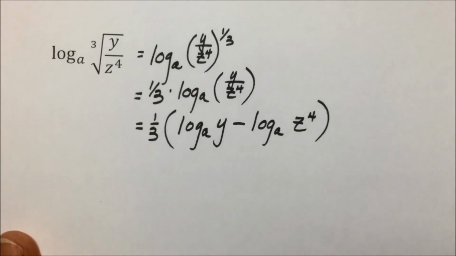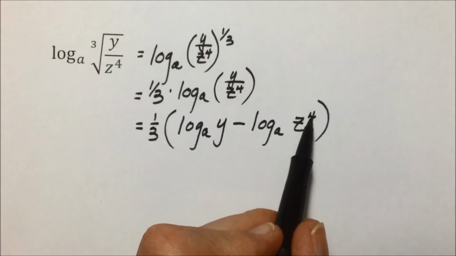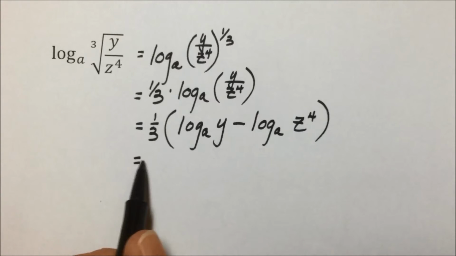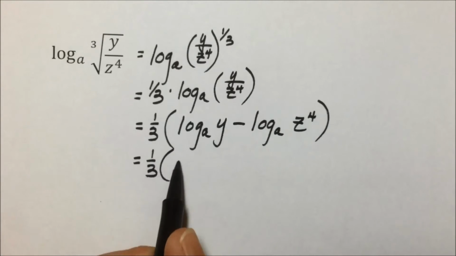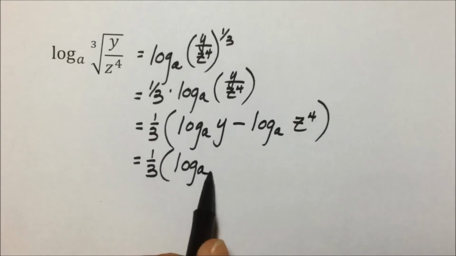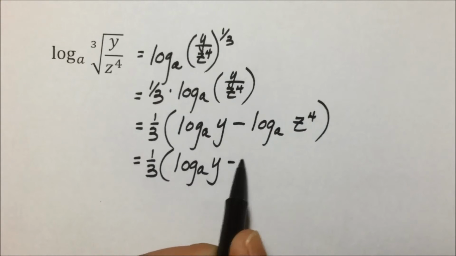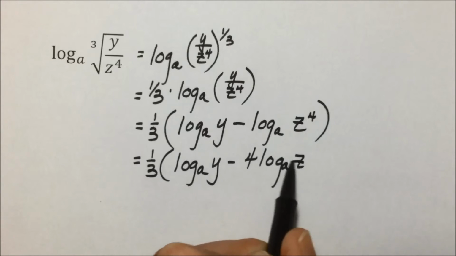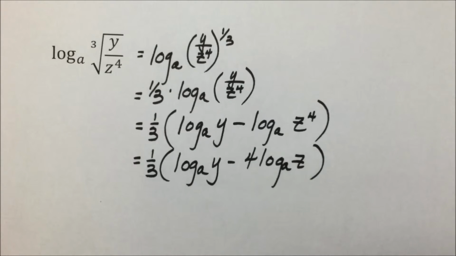And one step further, because we have this power or an exponent, it can come out as the coefficient. So we have our log base a of y minus 4 times the log base a of z, which is an equivalent expression.